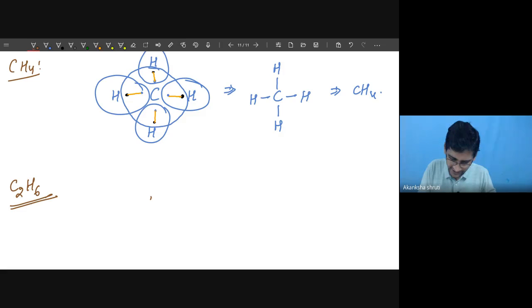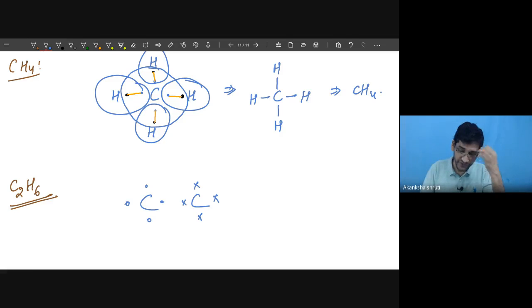See, students, consider 1 carbon here and another carbon adjacent to this. Let me take the 2 carbons like this. So let us draw the electrons for each carbon. Let me draw with the cross for the second carbon.